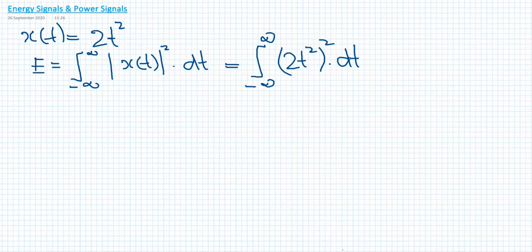We need to solve it, so this becomes the integration from minus infinity to infinity of 4t power 4 dt.